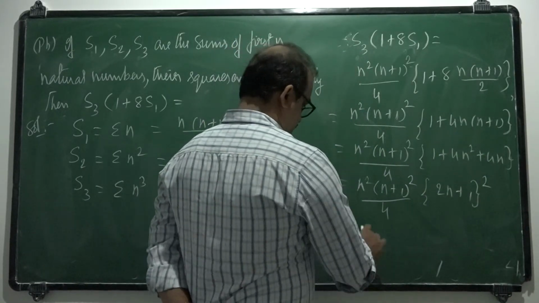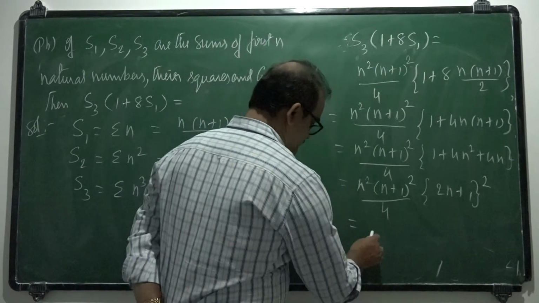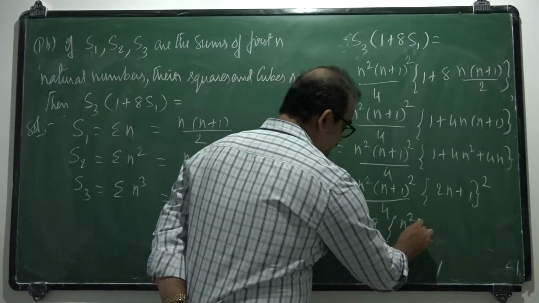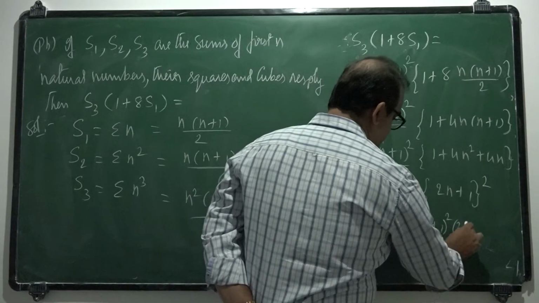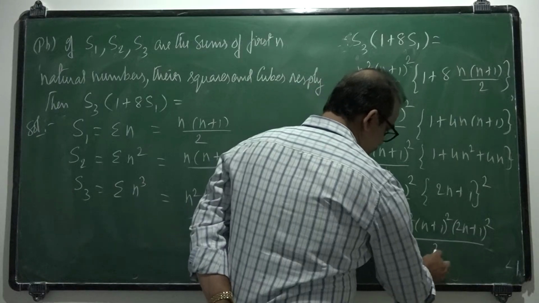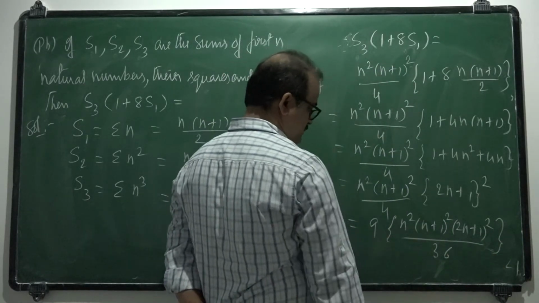Okay. Now we write it as 9 into n square into n plus 1 square into 2n plus 1 whole square by 36. Here multiply and divide with 9.